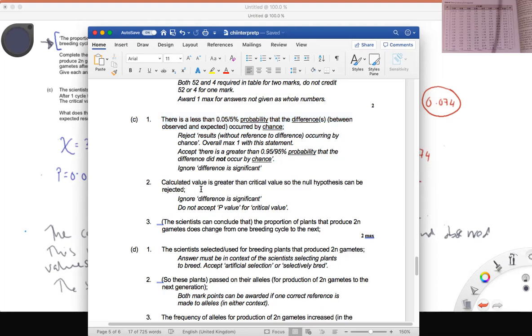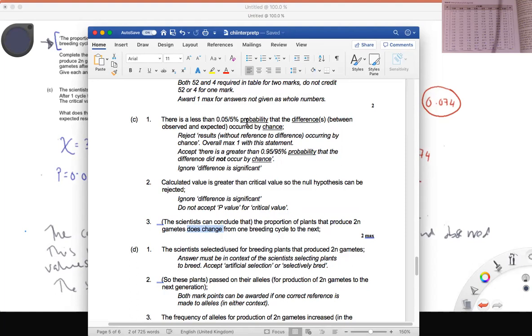Calculated value is greater than critical value, so the null hypothesis can be rejected. And then the scientists conclude that the proportion of plants that produce 2N gametes does not change from one breeding cycle to the next. So that's what I didn't spell out, so that's what you should. What did they conclude? The proportion of 2N gametes does change. It significantly changes from one breeding cycle to the next.